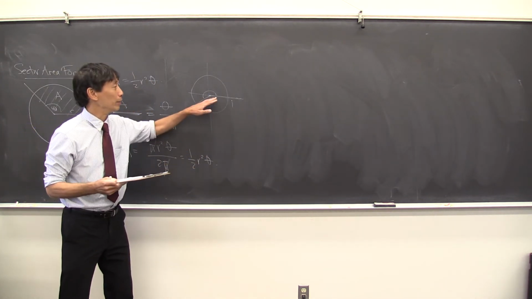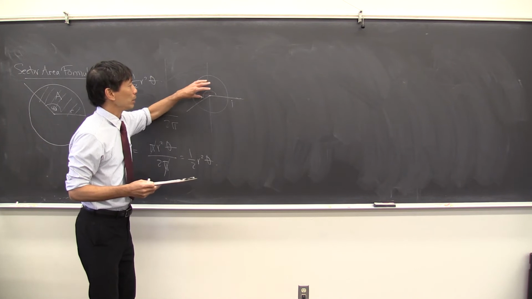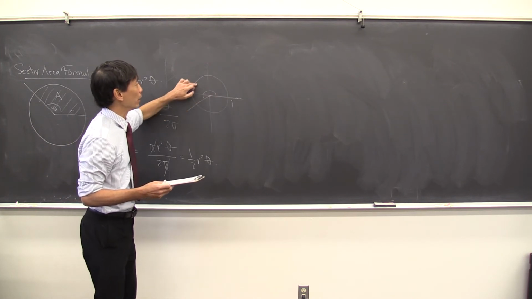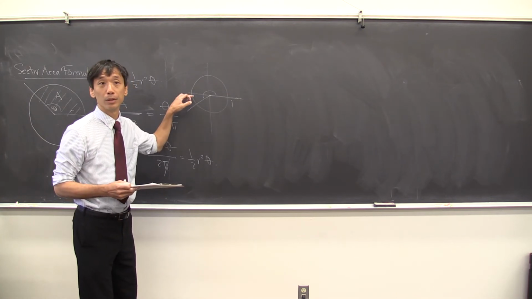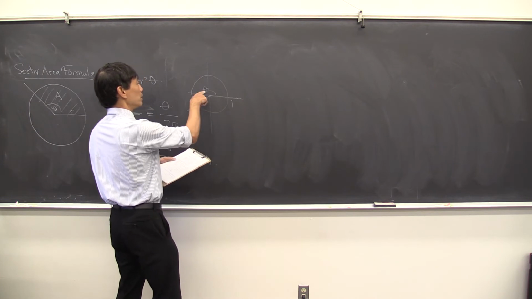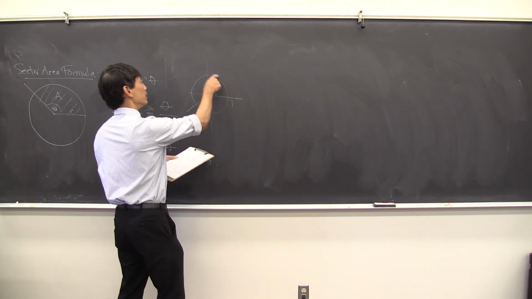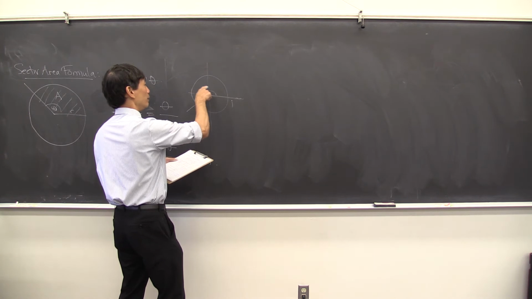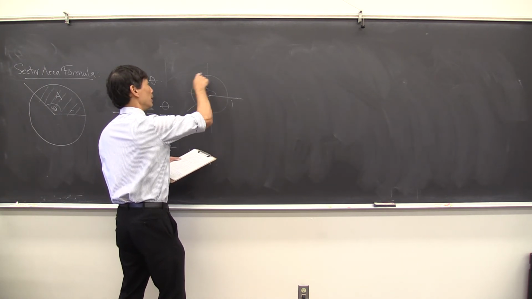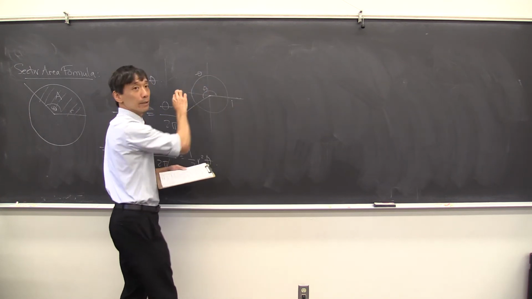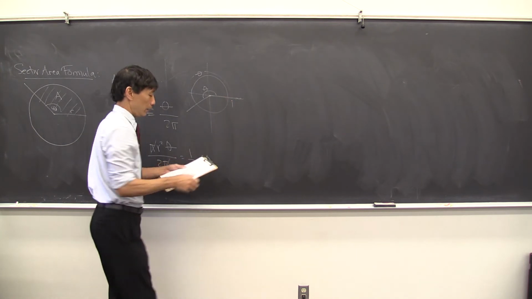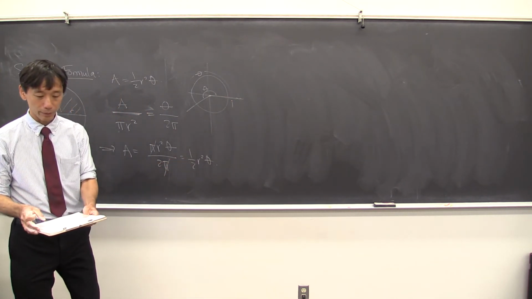What I mainly want you to know is that you define the radian as the length of this arc on the unit circle. What does theta radians mean? If this angle is theta radians, it means that on the unit circle, this arc length is theta. And that's what we're going to be using from now on.